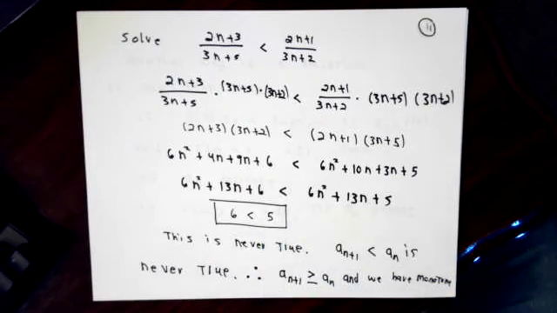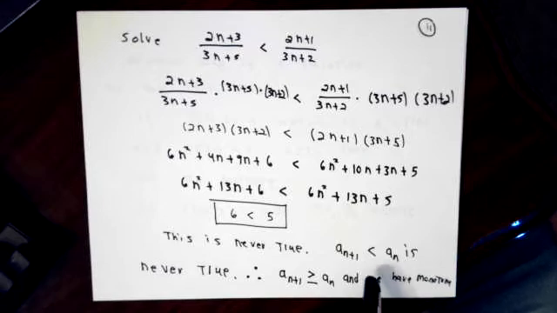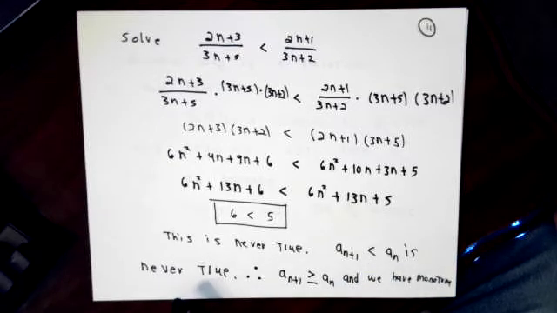This statement is false for all values of n because it's a false statement with constants in it. As a result, a number n plus 1 is less than a number n is never true.